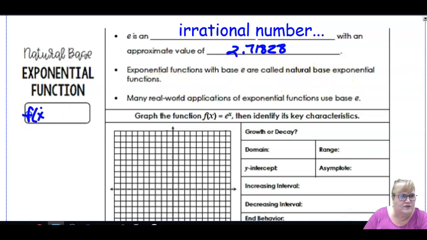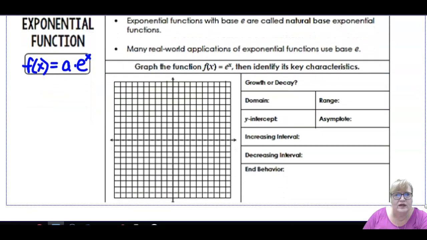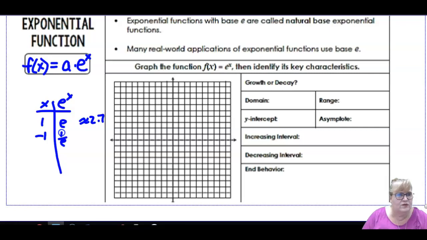So it is f of x equals a times e to the x. Many real-world applications use base e, so we're going to graph it real quick. Basically, when you put in a 1, you get out an e, which remember was like 2.7. When you put in a -1, you get 1 over e.